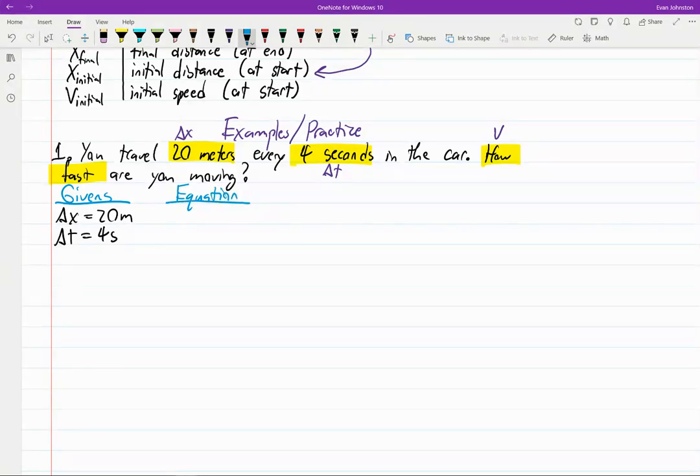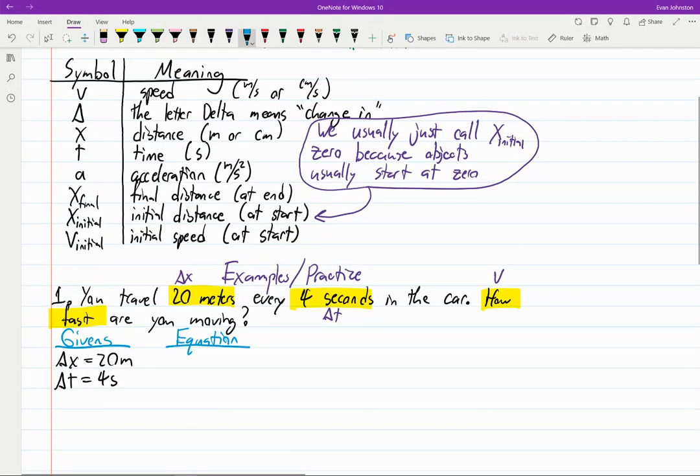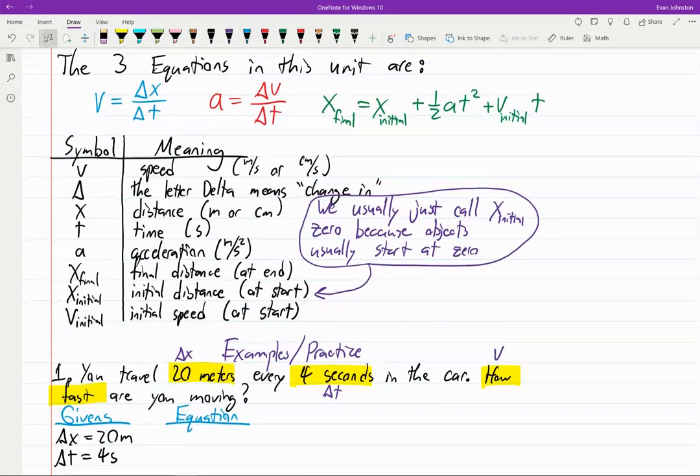And now here I actually have to mention what the hardest part of this unit is probably going to be. It's going to be figuring out which equation is the appropriate equation to actually use, because we have three. We have three of them, and it's asking us for how fast we're moving. And so it's asking for speed. Well, I see a V in all three of these, so I don't know which one I actually want to use, essentially. So maybe we can get lucky with just trying the first one, though.